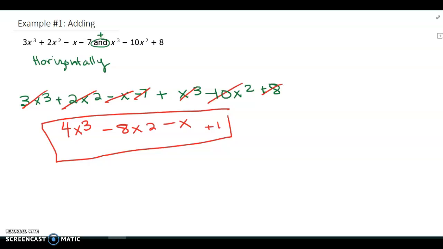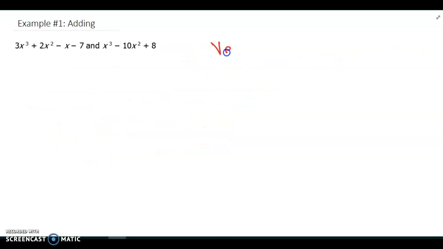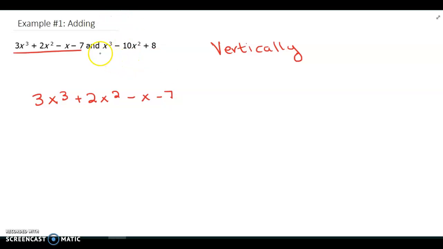All right, now if you do this on the same one, but this time you go vertically, go ahead and write this out. So 3x cubed plus 2x squared minus x minus 7, okay? And it wants you to add this. So I'm going to put each one with like terms directly under the one that has a like term.